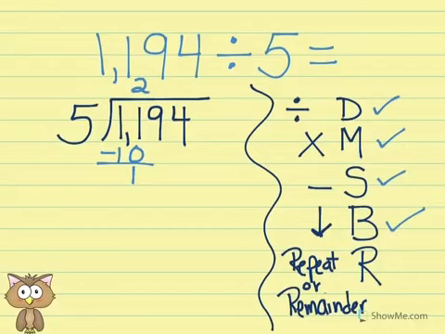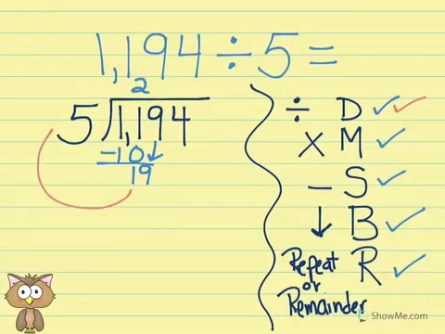Then, I bring down. Going to bring down the 9. Repeat or remainder. Well, I'm going to repeat because I still have numbers to bring down, and this number is bigger than 5. So if I repeat, I go back to the top, which is divide.